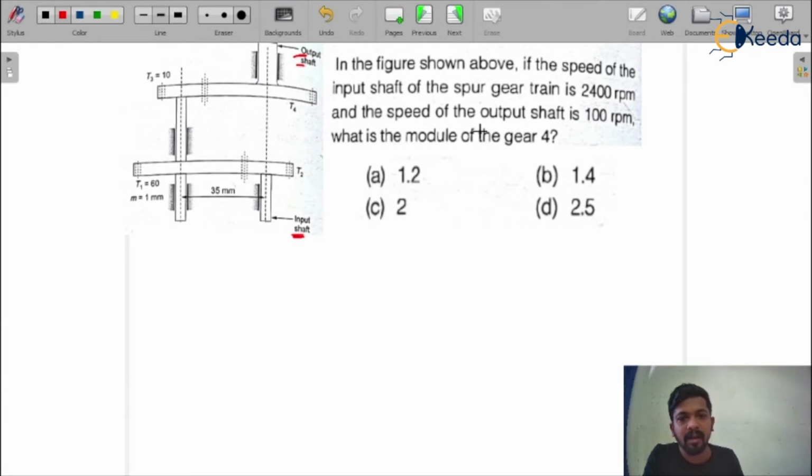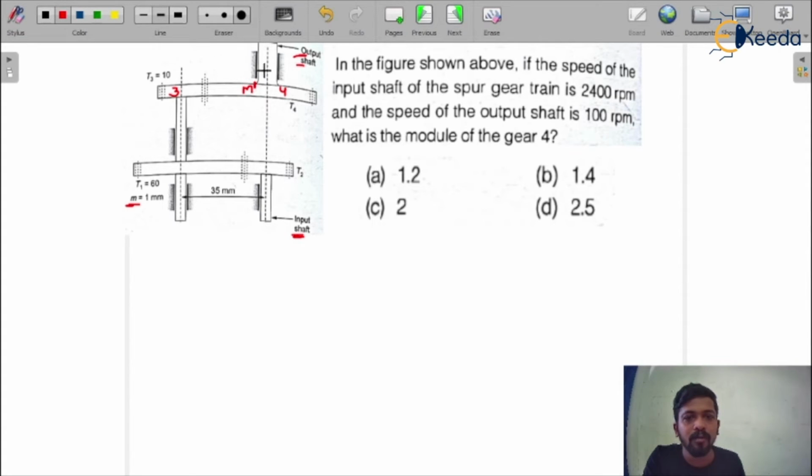Tell me one thing, it is the module for gear 4, and we all know 3 and 4 are mating gears. That means I am showing M and M dash. The module for gear 1 is given here, so M is equal to 1, and we have to find M dash. 3 and 4 are in mesh, and you all know that when two gears are in mesh, the module will be the same.